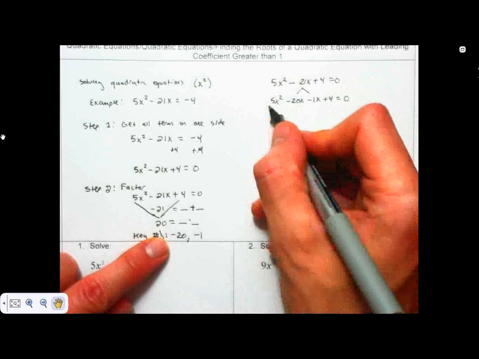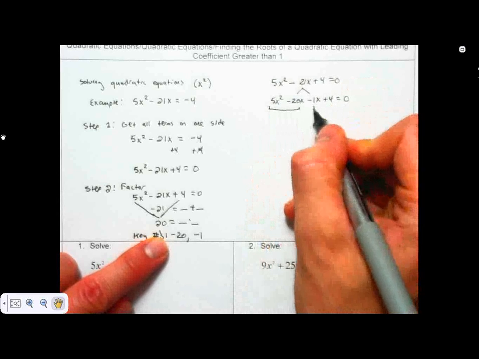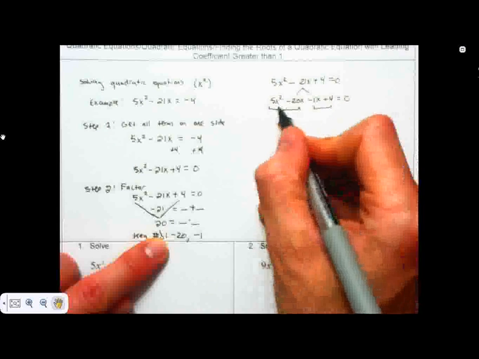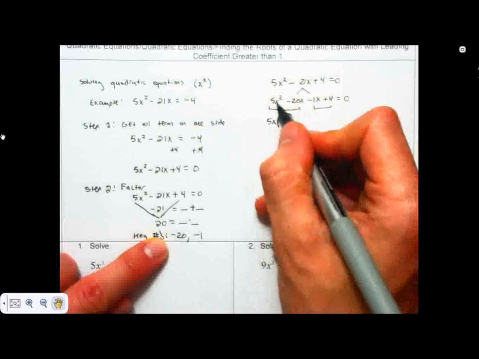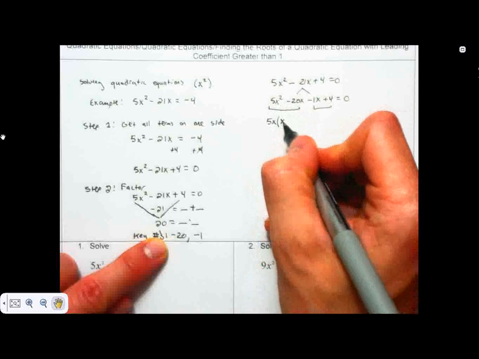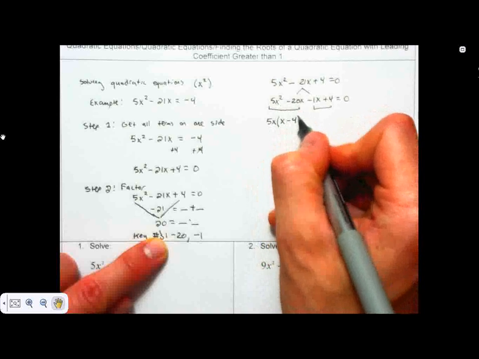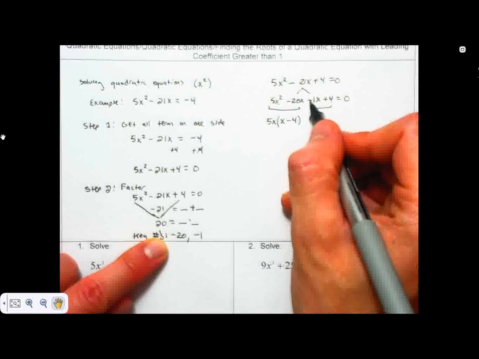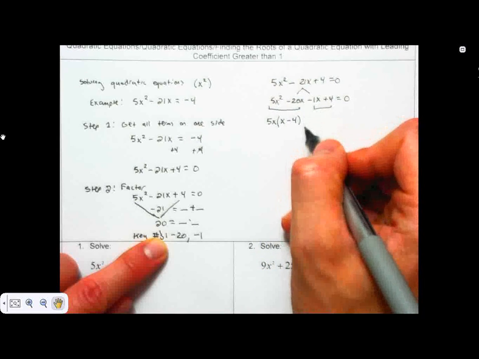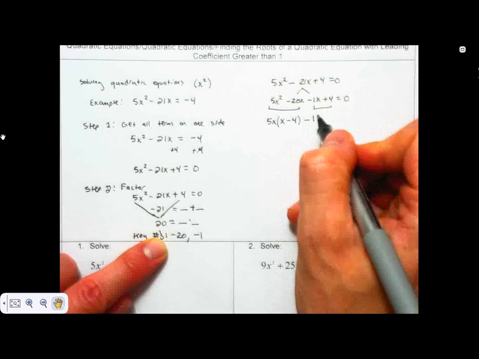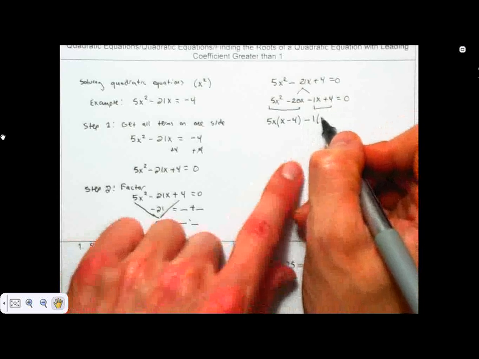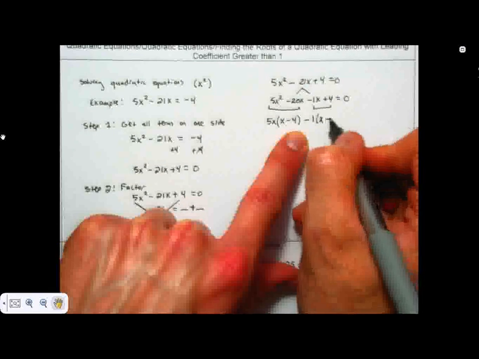So then if I use my grouping technique, the first guy, I can factor a 5x out of both of those terms, and I'll be left with x minus 4. For the second group, because there's a minus sign in between, I'm going to factor out a minus, and then 1 is the greatest common factor, so I'll be left with x minus 4 here.